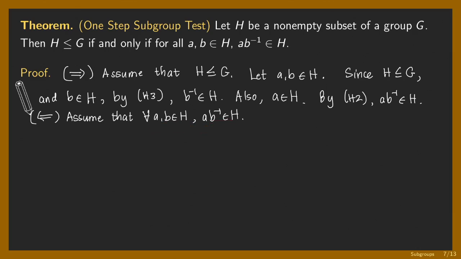You can replace A and B by anything because they are quantified variables. So what we want to show here is that H must be a subgroup of G. In order to prove that, we have to prove that H1, H2, and H3 are satisfied.